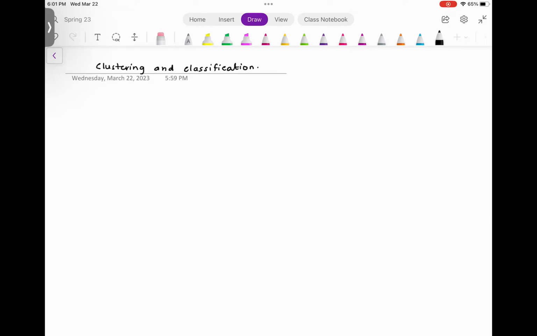So what is clustering? Clustering is combining similar data sets. And these similar data sets would be like images of dogs or images of cats or different types of flowers.